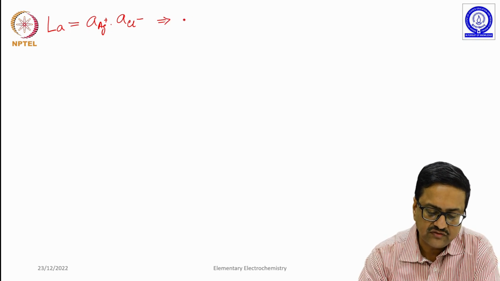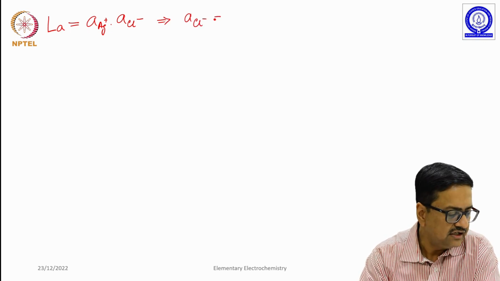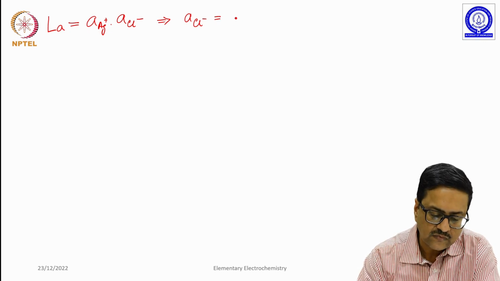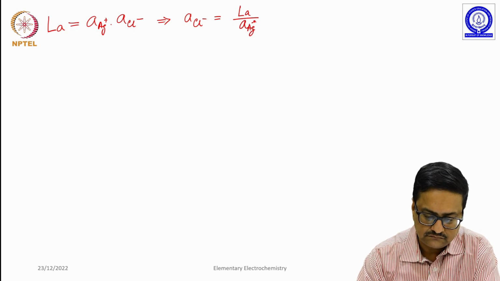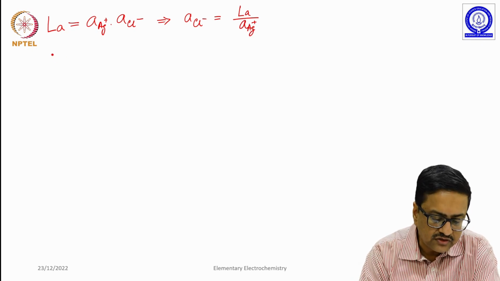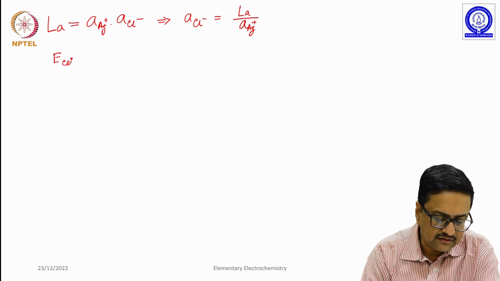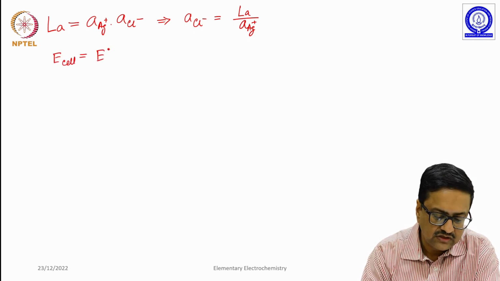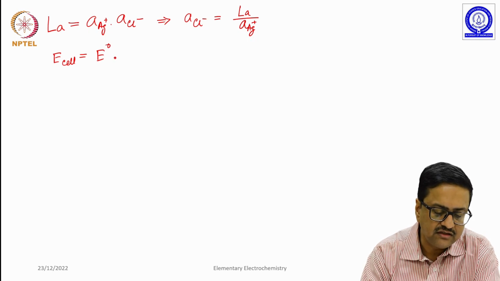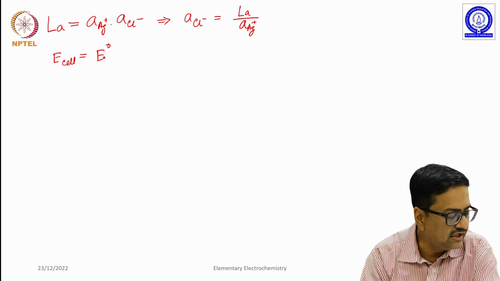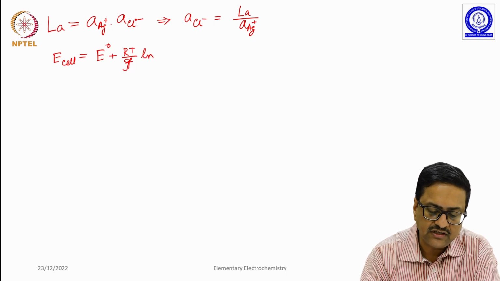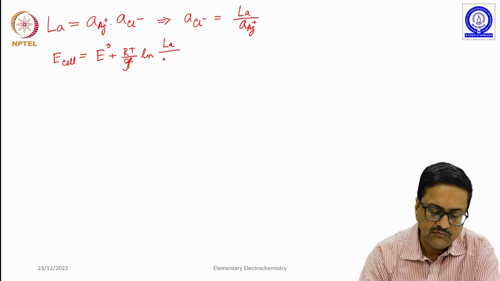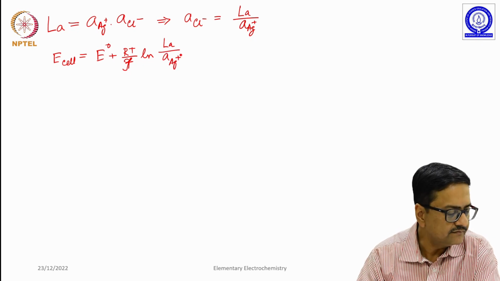So, from this equation you can write activity of Cl minus is equal to Ksp by activity of Ag plus. So, you can now again replace E cell equal to E0, which is the difference between silver chloride and calomel electrode, plus RT by F ln activity of Cl is replaced by Ksp by activity of Ag plus.